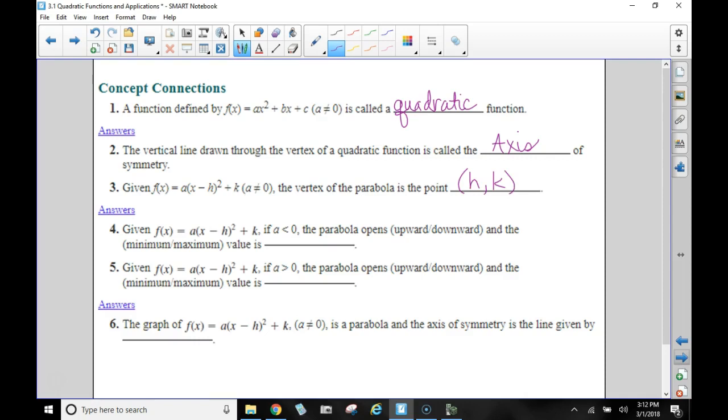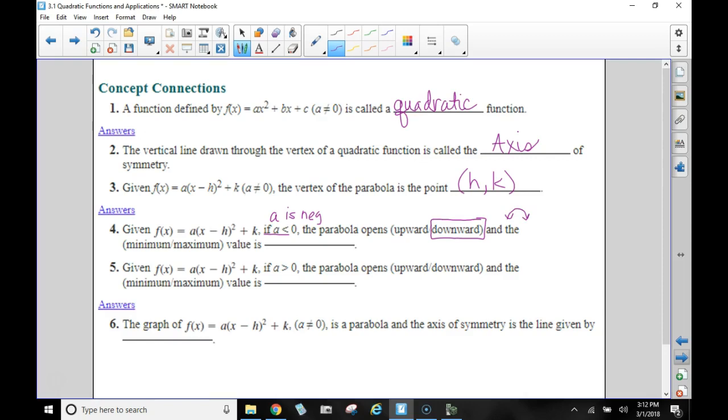Okay? Given f of x equals, okay, that's a parabola in vertex form. If a is less than 0, that means a is negative, then the parabola opens up or down, right? If a is negative, it's a downward opening parabola.